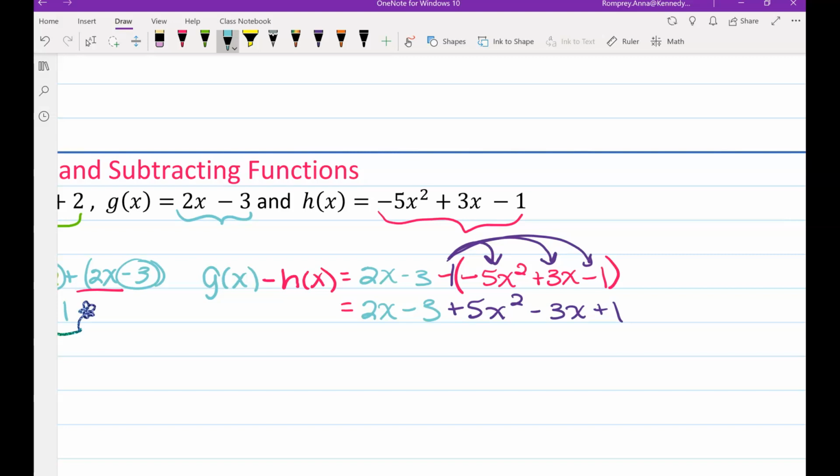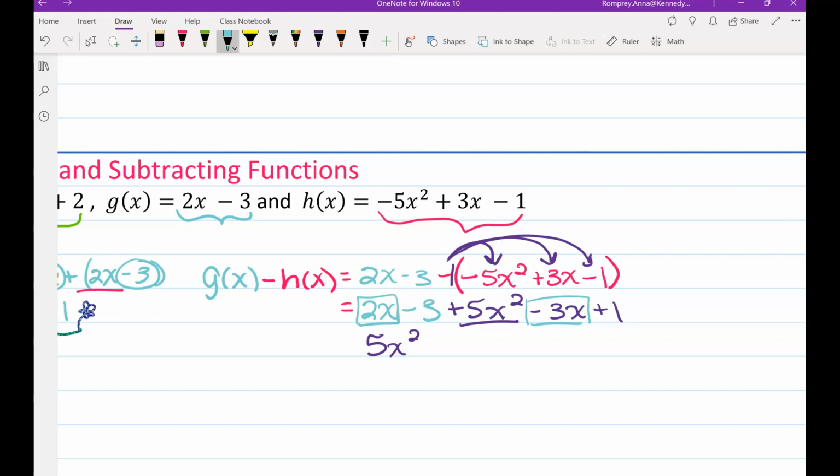So let's find g of x minus h of x. All we have to do, simplify, combine like terms. Now we do like to write it in standard form, so I'm going to look at these and figure out which term, oh, there we go, we got an x squared, so that's the largest term, that should be our leading term. So I see a 5x squared, I don't see any other x squareds, so I'm going to start with 5x squared. And then look at my x's, so I've got 2x and negative 3x, don't forget to include the sign.